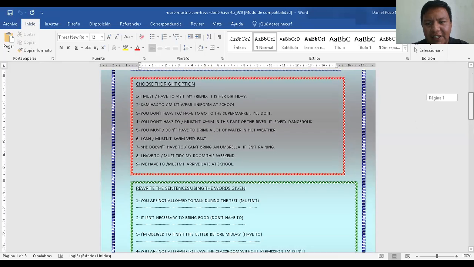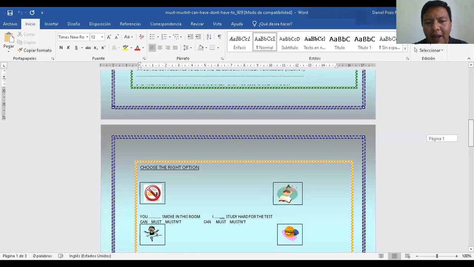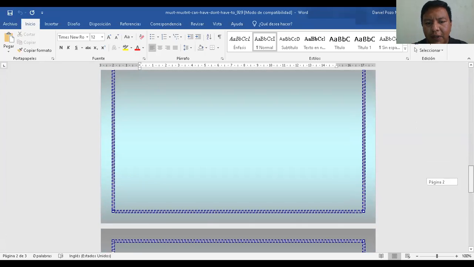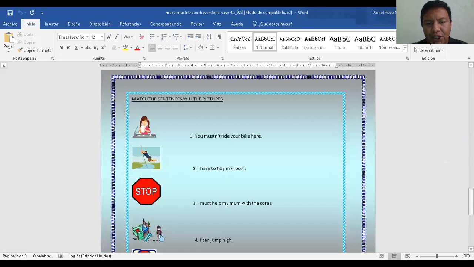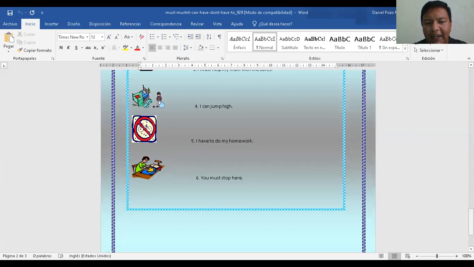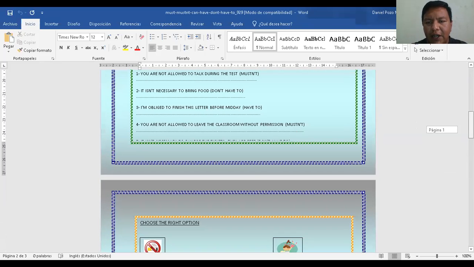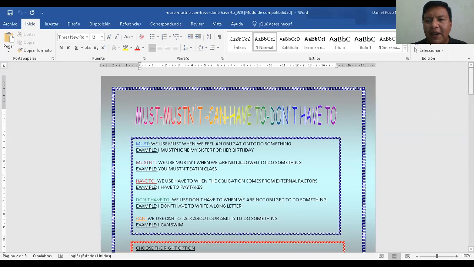So I will send this exercise to your WhatsApp group now. You are going to resolve it and you are going to send me this information to my email, okay? To my email address. Everybody knows my email address. And remember, you will not send this document by WhatsApp.